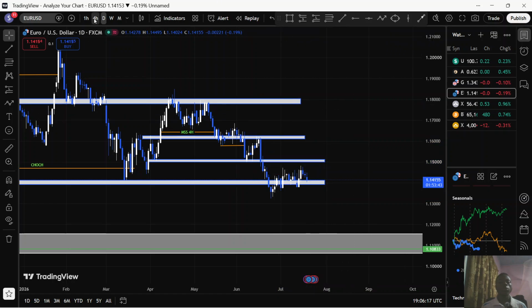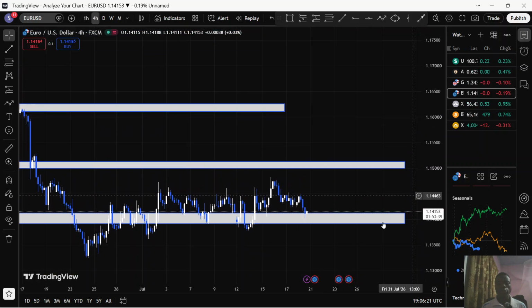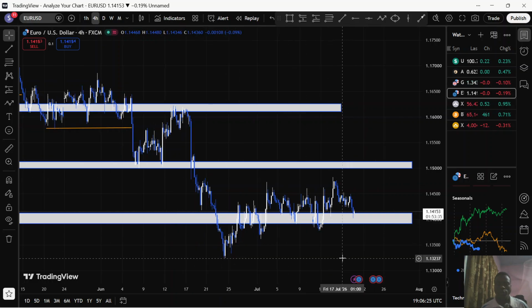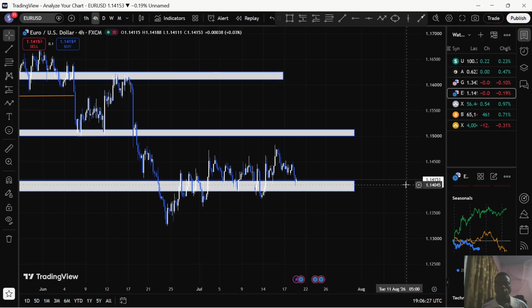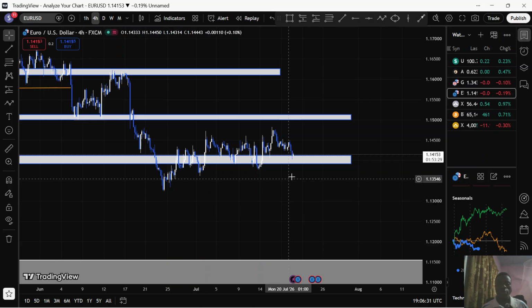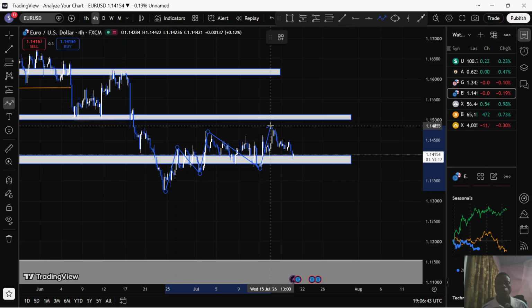So I'm going to drop down to the 4-hour to watch what's happening to this small retracement, because it's from this small retracement that I'm going to get my short entry. Of course, I can see price forming higher high, higher low, higher high, higher low.